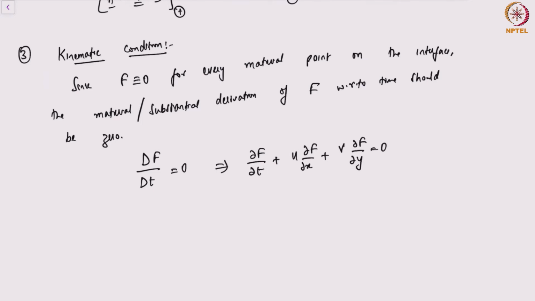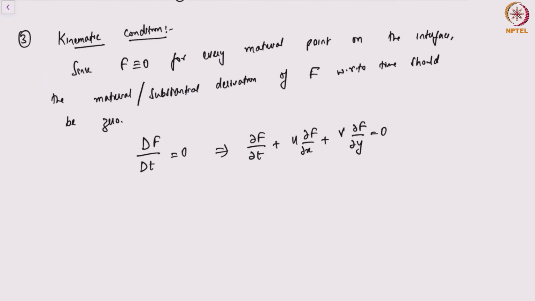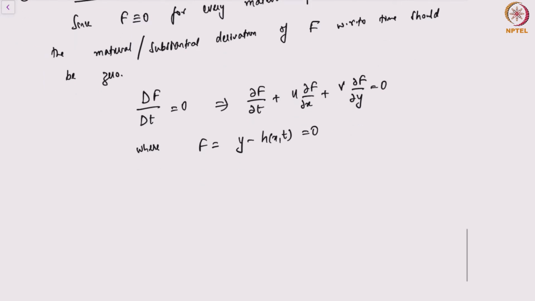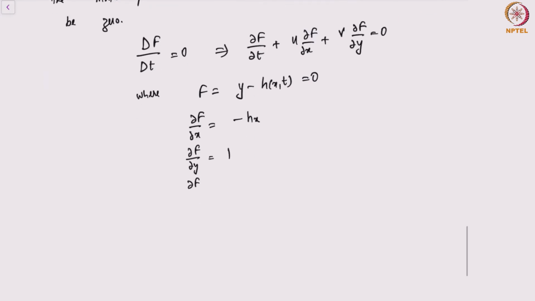This is in a 2D setting, and therefore let's remember what F is. F is nothing but y minus h of x, t, which is 0. Therefore del F by del x is nothing but minus hx, del F by del y is 1, right? And del F by del t, the partial derivative of F with respect to time, is nothing but minus ht.